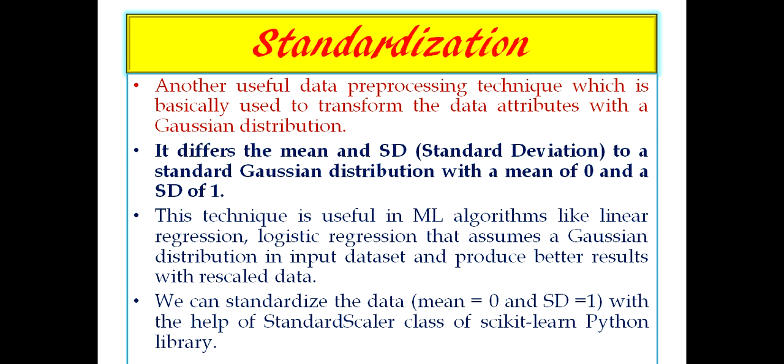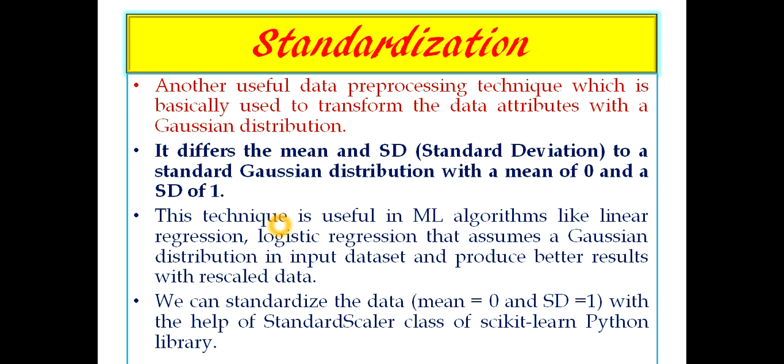This means standardization transforms the mean and SD to a standard Gaussian distribution with a mean of 0 and SD of 1. And this is very useful in algorithms like linear regression and logistic regression, which assume a Gaussian distribution in the input dataset and produce better results with data rescaled through standardization.